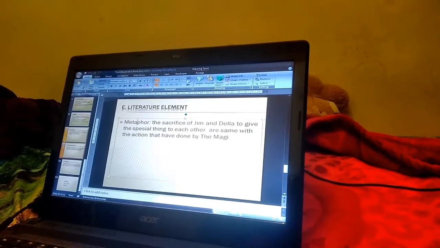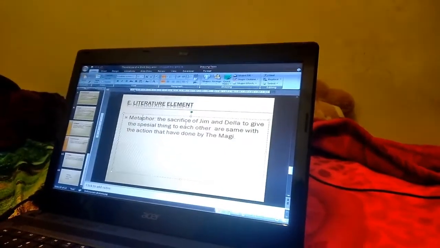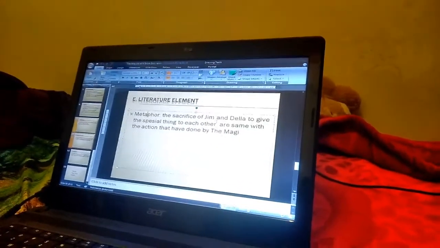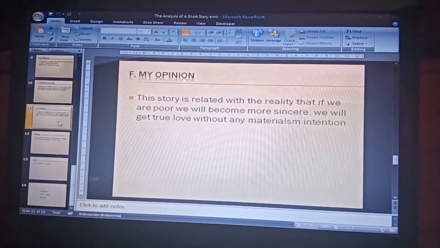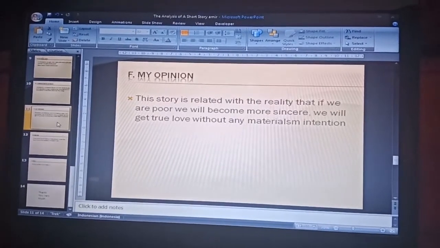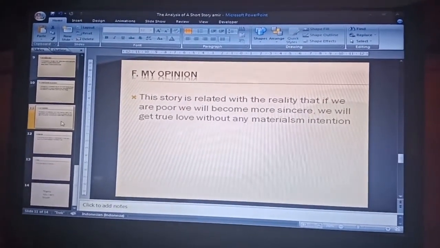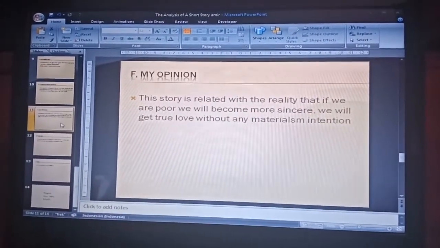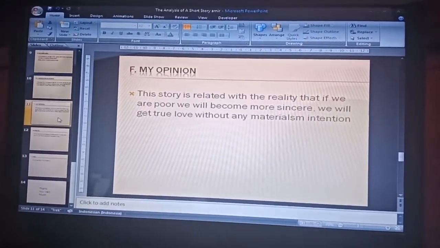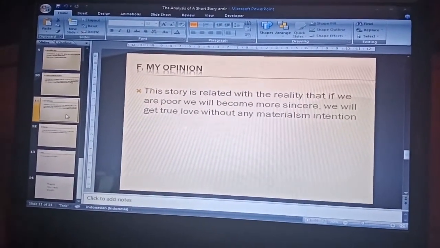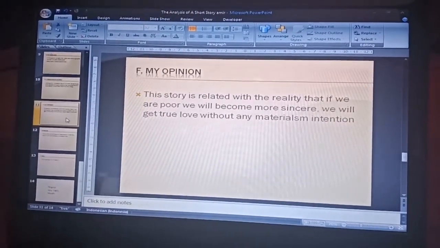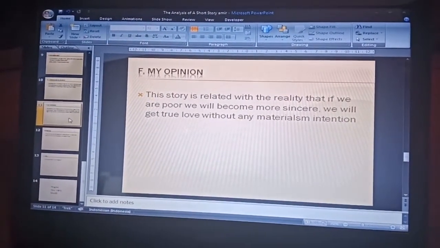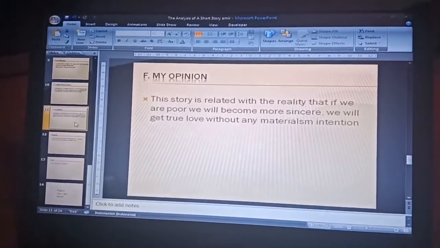So I think both of them have the same context. In my opinion, I really agree with the writer that this story is related to the reality that if we are poor, we will become more sincere. We will get true love without any materialistic intention.